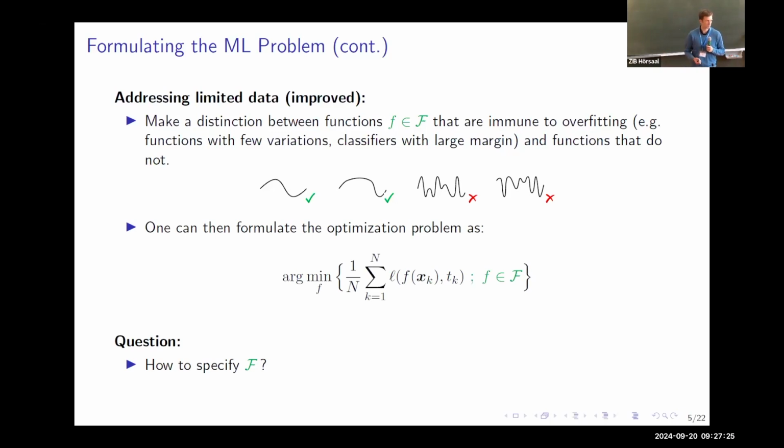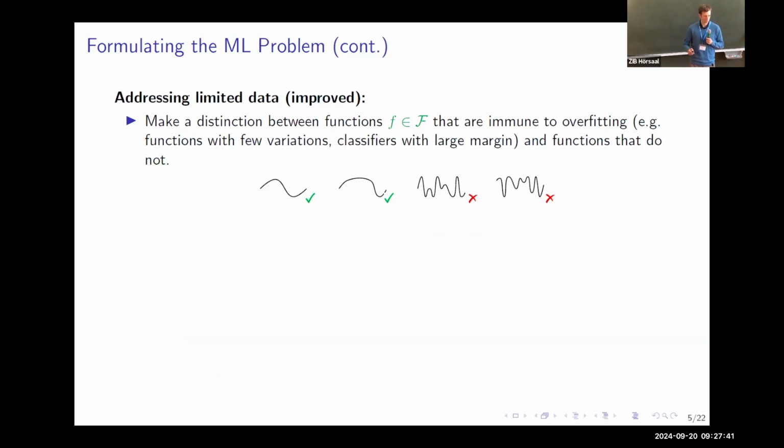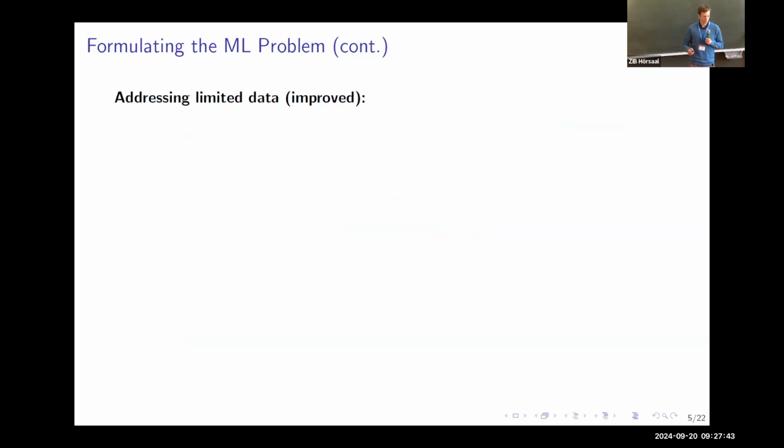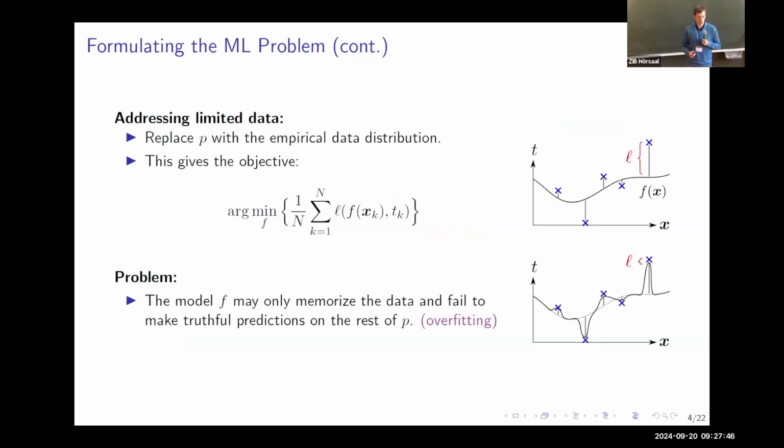There are tools like gradient descent, stochastic gradient descent, but it will turn out to be much more crucial to specify the proper set of functions F, because if we have the best optimizer in the world and it produces this function, this is no good.